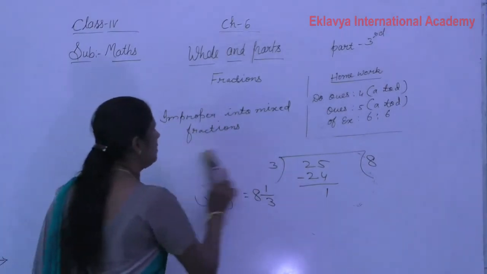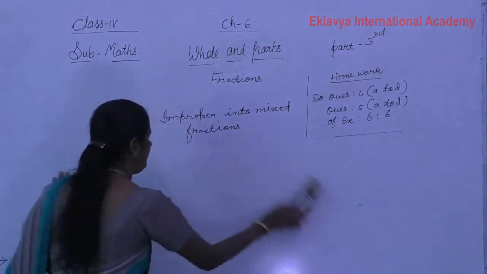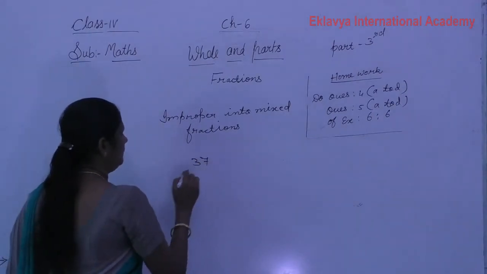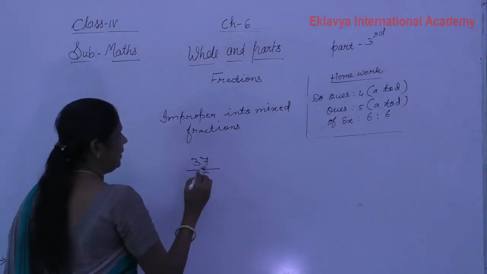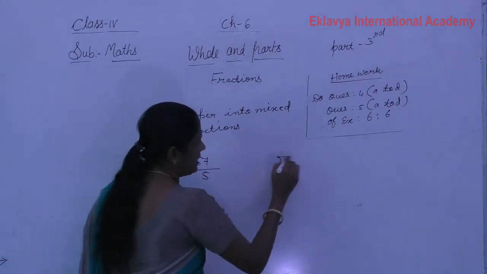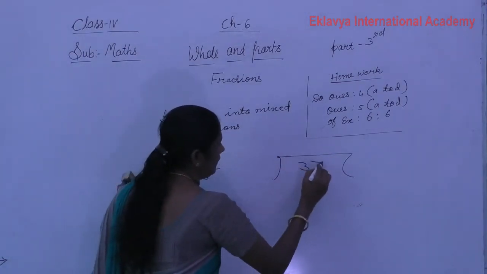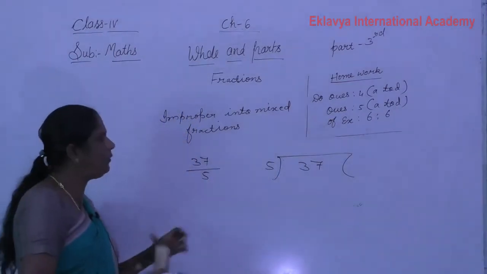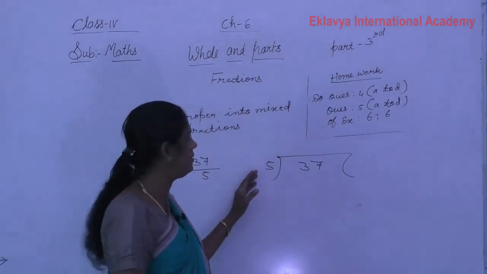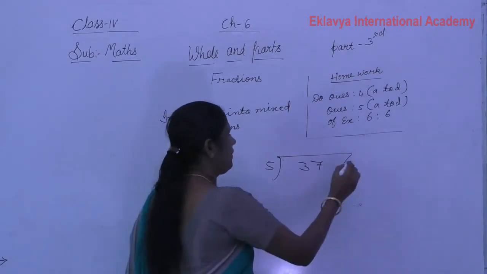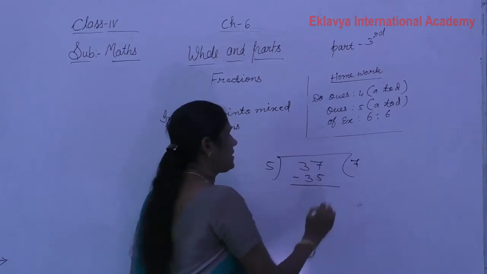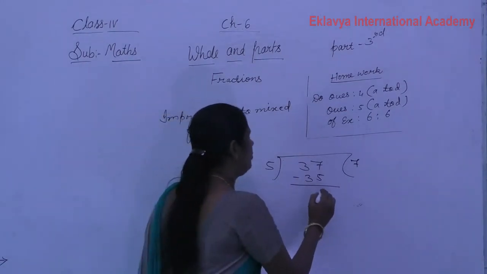Again one more example. First we divide this number, 37 divided by 5. Say the table of 5, how many times gone? 7 times, 35. Then subtract, you get 2.